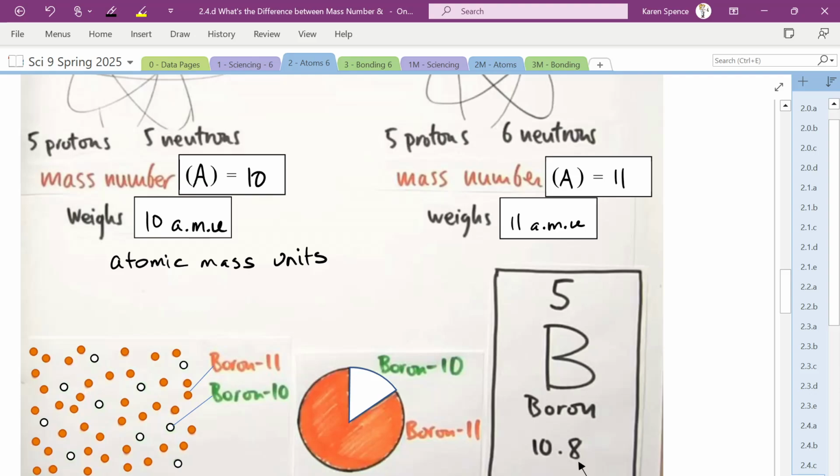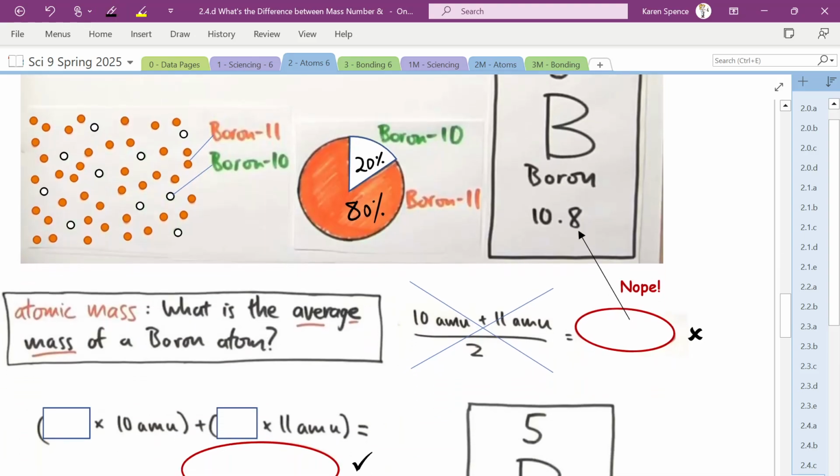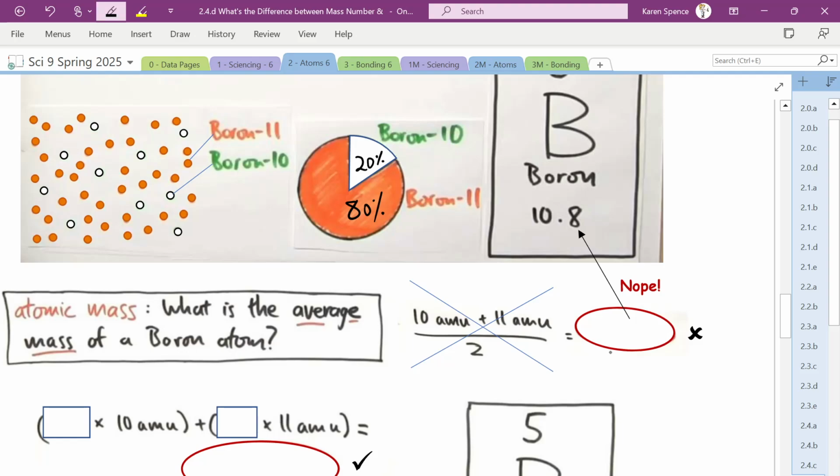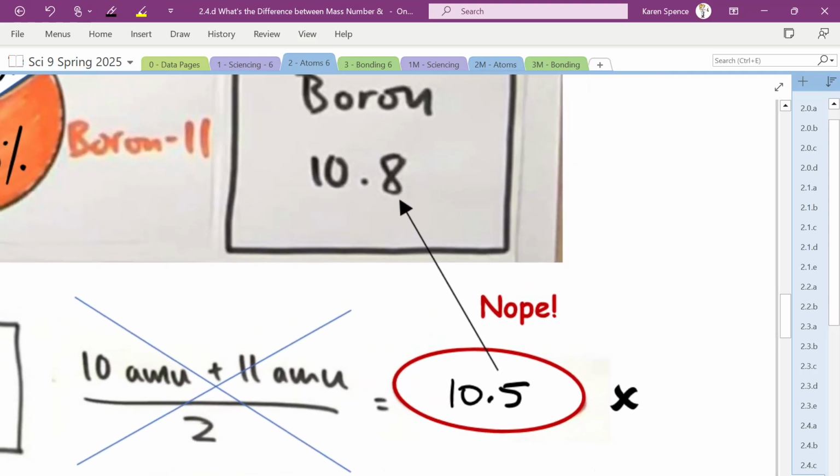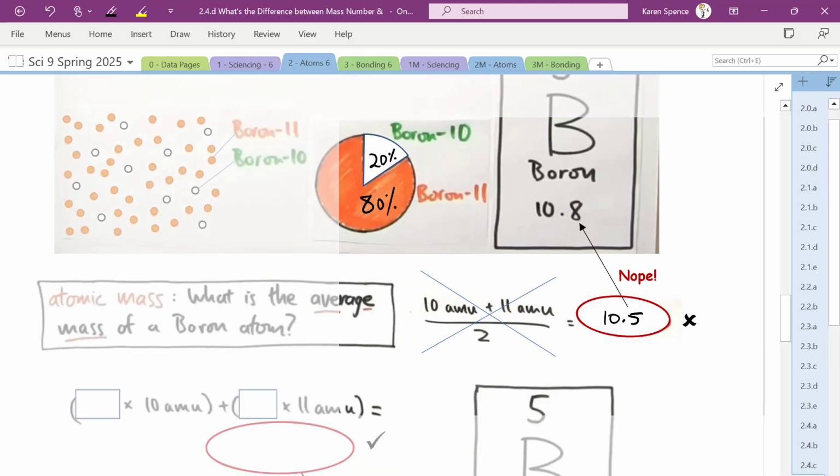Here's our little representation. 20%, boron 10, 80%, boron 11. Average atomic mass, we cannot just take 10 and 11 and divide by 2 and get 10.5. That's a big old nope, because it's wrong.